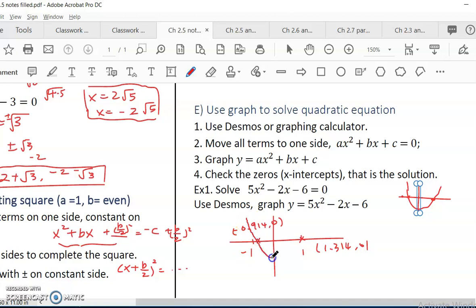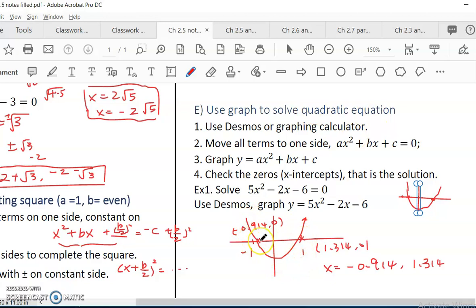And so you would say x is equal to negative 0.914, comma 1.314, rounded to 3 decimal places. If you want more decimal places, you zoom in more. So this is how you can solve a quadratic equation by graphing.